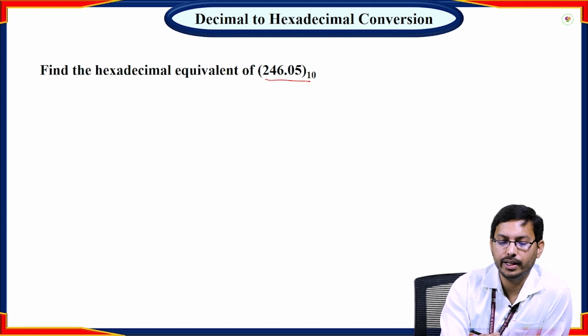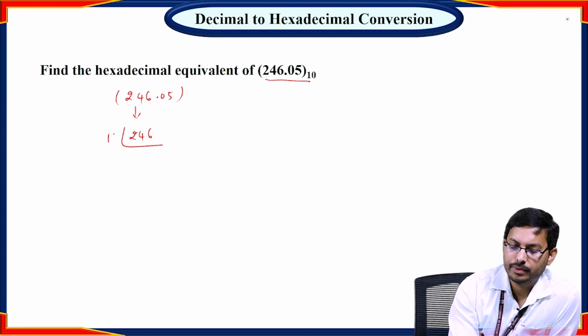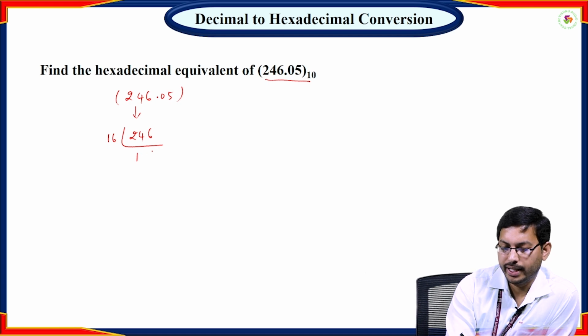246.05. So here first take 246.05 as your decimal number. So let us take 246 first, just divide it by 16. So 16 ones are 16. Okay, so next here the remainder is 86.